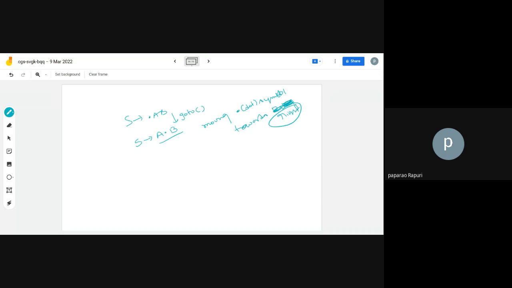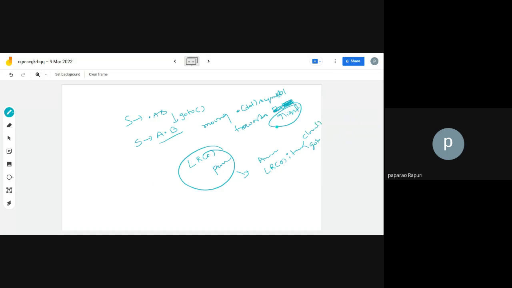We'll do the problems, how to construct the LR0 items, in tomorrow's class, and we'll write the tables. We will write the LR0 parse table by doing augmented grammar and constructing LR0 items. For LR0 items, we are using closure and goto.